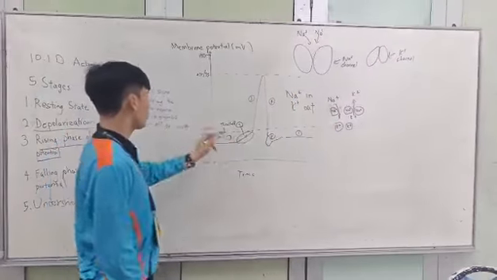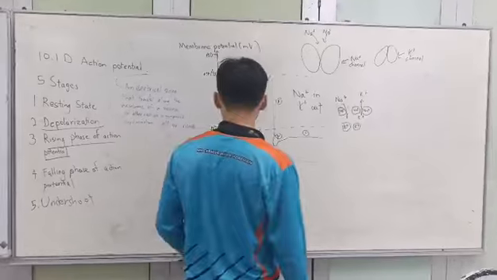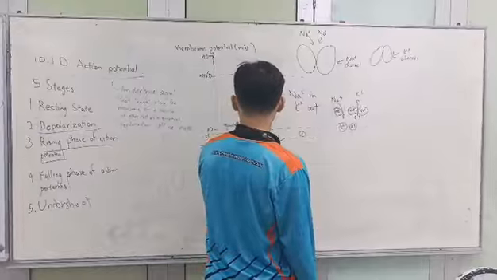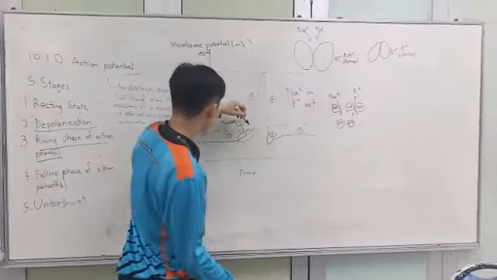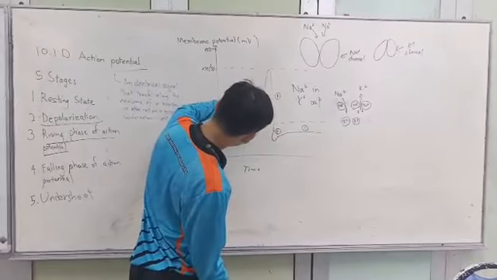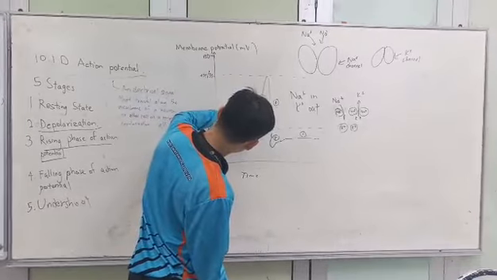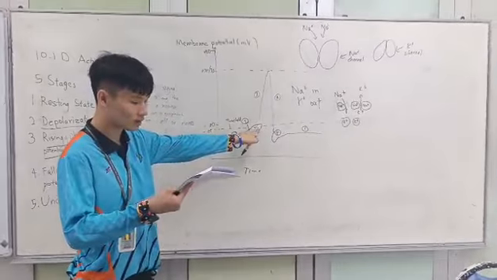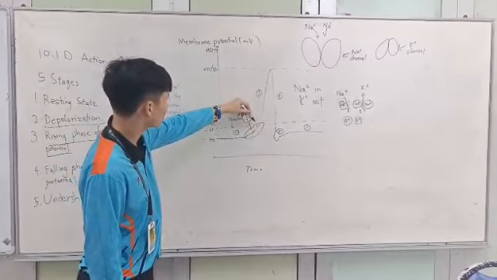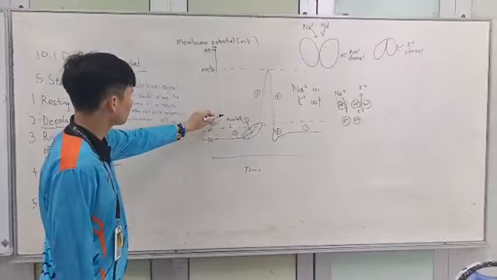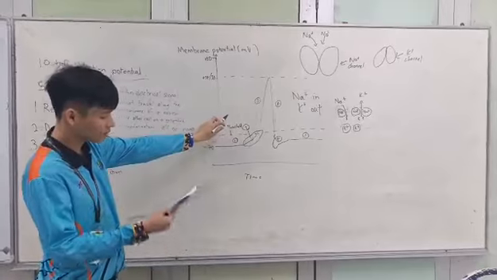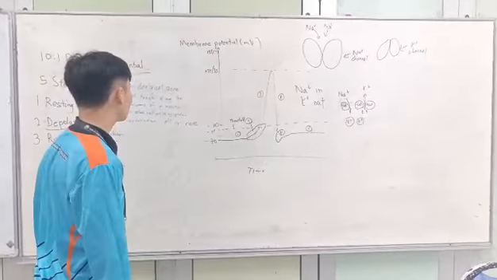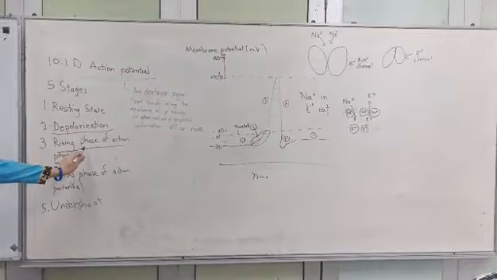When the depolarization reaches the threshold level here, the action potential is generated. The threshold level is about negative 55 mV in many neurons.